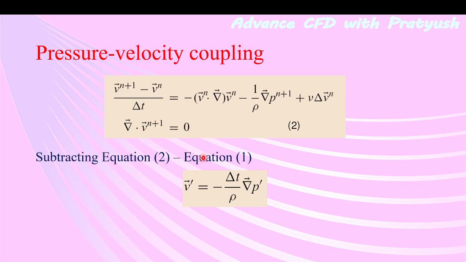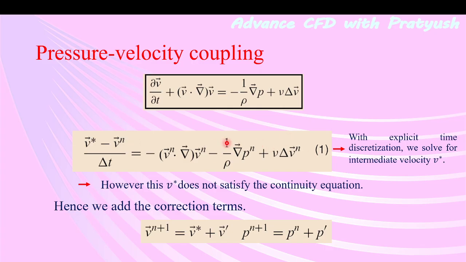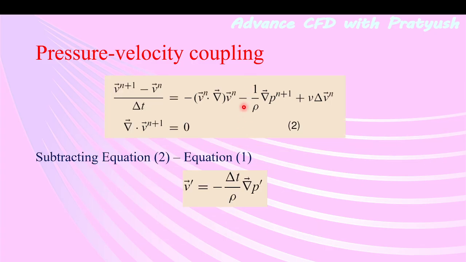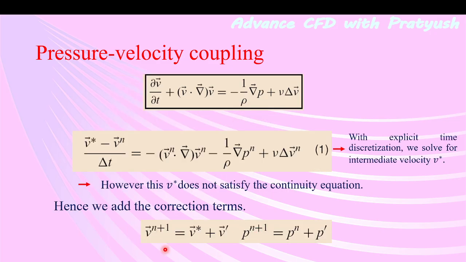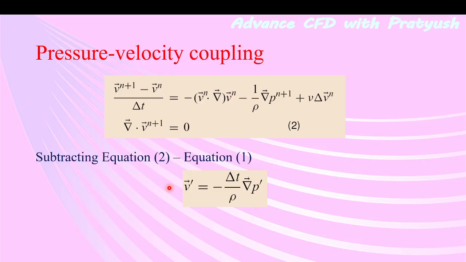Now if we subtract 2 from 1, where this is the 1 and this is the 2, and use this equation also, V n plus 1 equal to V star plus V dash, then we come up with the characteristic.